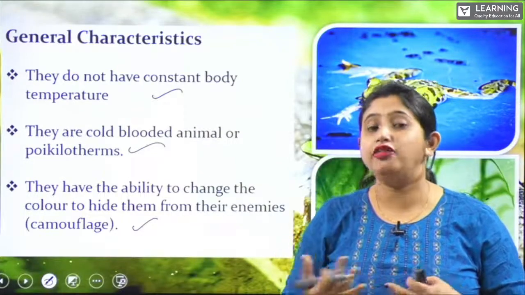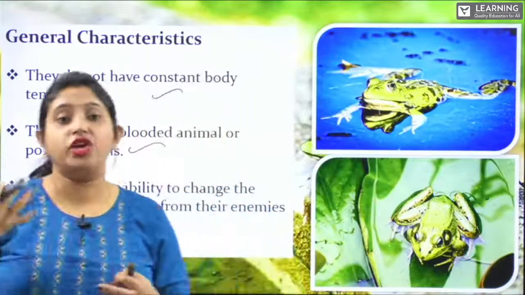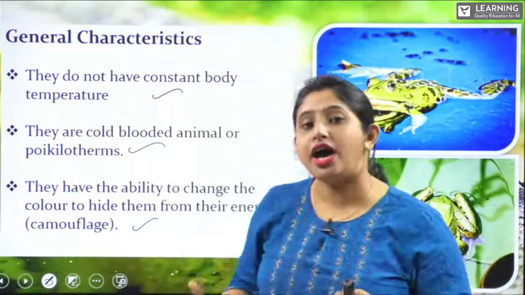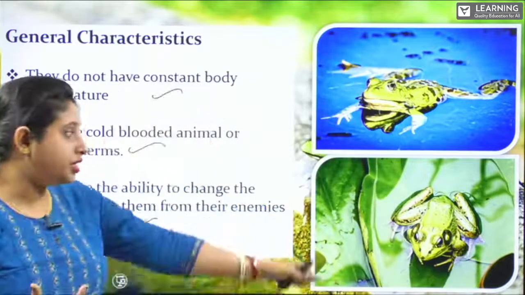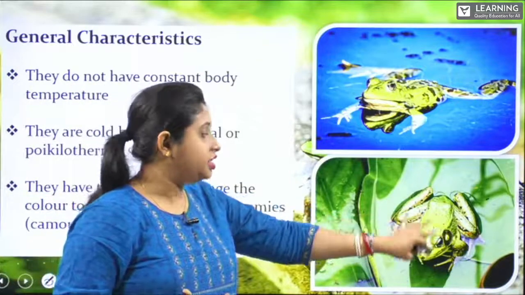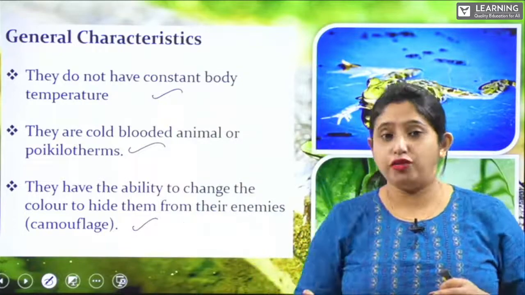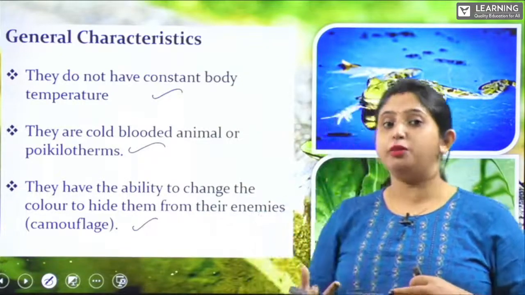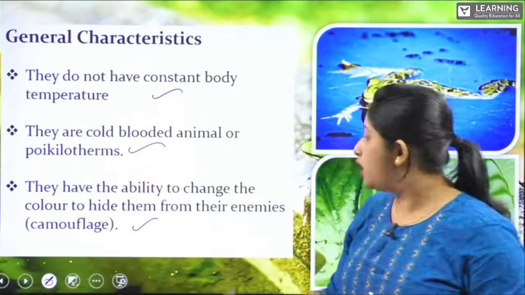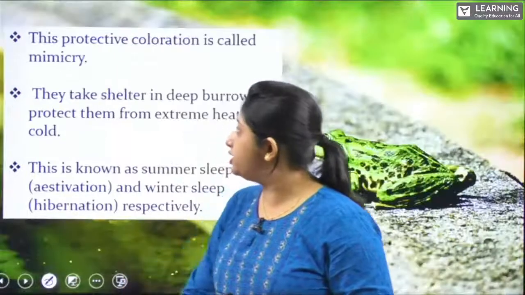So they have the capacity to change the color of the body according to the surroundings. Clear? As you can see in this picture, the color of the leaves is green, right? So the frog is turning greenish in color, isn't it? This is how it protects itself from the prey, okay? It hides. So they have the ability to change the color to hide from the enemies. Clear? So this is the characteristic.